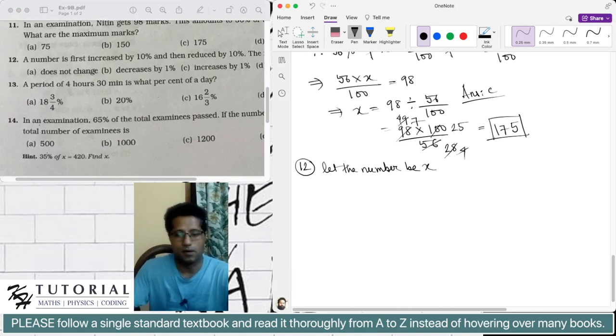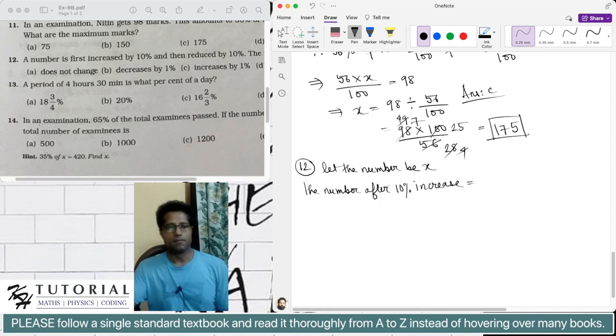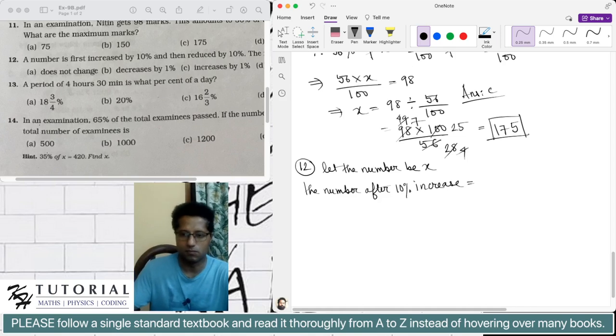So now the number after 10% increase. What will be the number if it is increased by 10%? That is, the new number will be 10% more than it is.